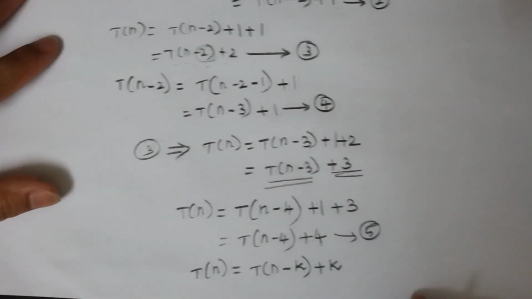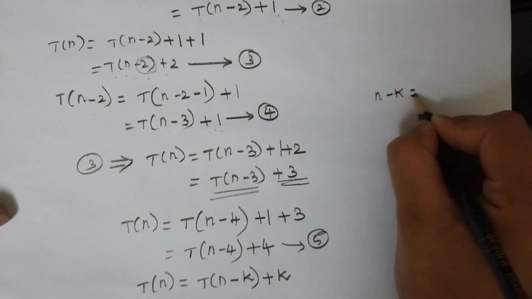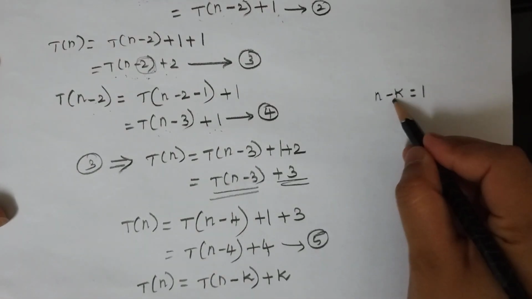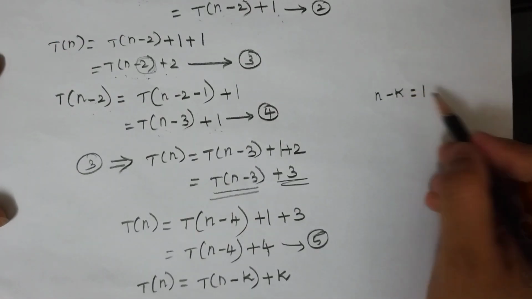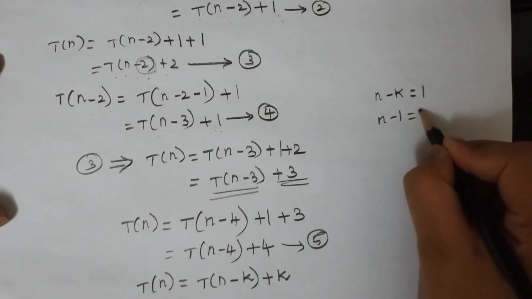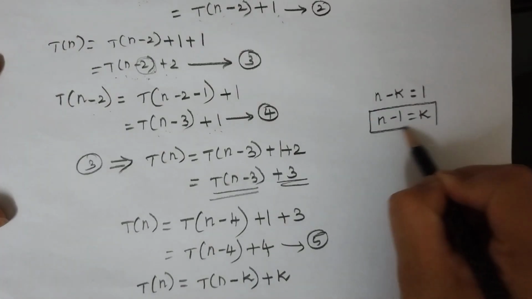Now I am going to assume that n-k is equal to 1. If I keep n-k equal to 1, then n-1 is equal to k. Now I found the value for k.